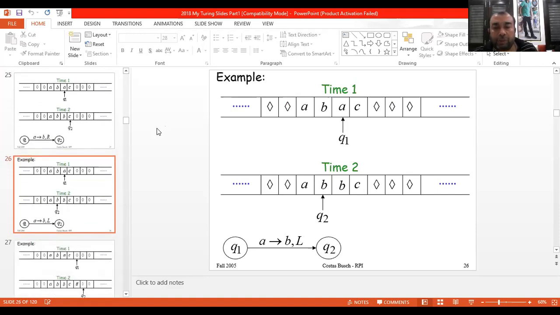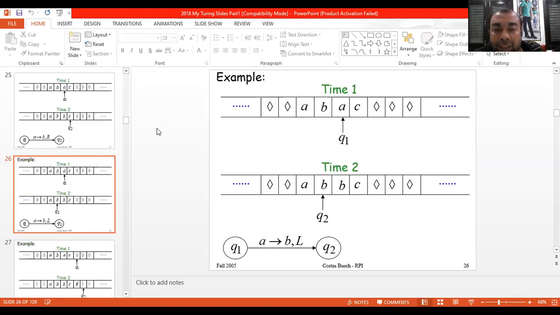Now let us see this transition, time 1 followed by time 2. Time 1 says that you are in state Q1, you are reading A from the input tape, and as per the transition given below, you switch from Q1 to Q2, you convert A into B, and you move towards the left side.